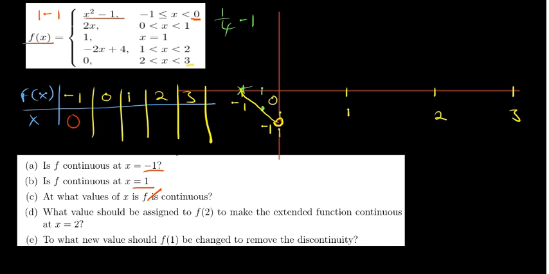Then the other part is also starting from 0, but 0 is also not included. We can just estimate it for the sake of the sketch. If you put a 0 in 2x, it will give us a 0. So that one is at (0, 0), but it's also not continuous. That's very important to understand. Then that one is a straight line, so it's 2x.